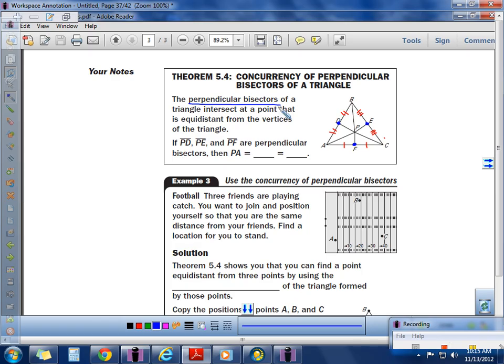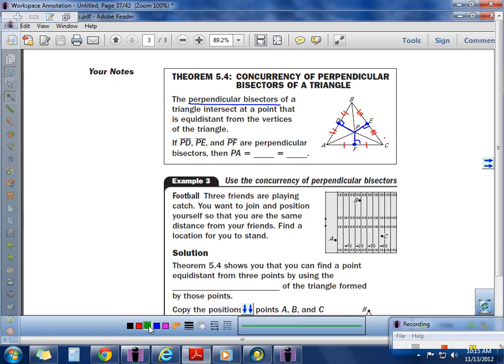I'm missing something really important. I need those 90s. So truthfully, this blue piece is a perpendicular bisector. That one's a perpendicular bisector, and this one. These pieces are not equal unless it's an equilateral triangle. There are different parts, and we wrote this down.